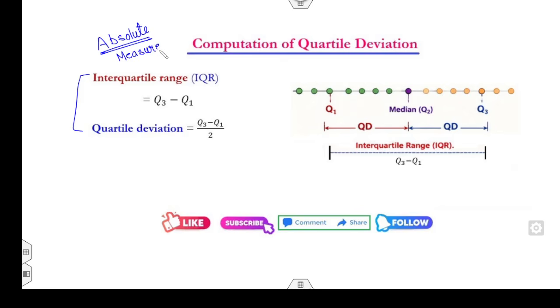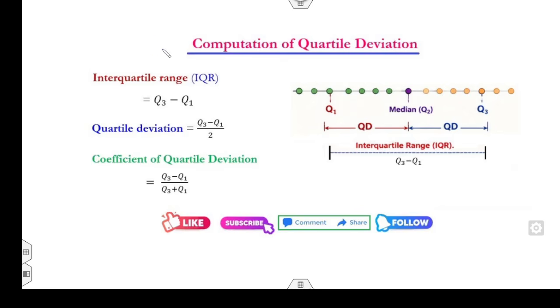However, if you want to calculate the relative measure, then we have to calculate the coefficient of the quartile deviation. The relative measure, called the coefficient of the quartile deviation, is always a unitless quantity, while the quartile deviation and the interquartile range always have proper unit dimensions.